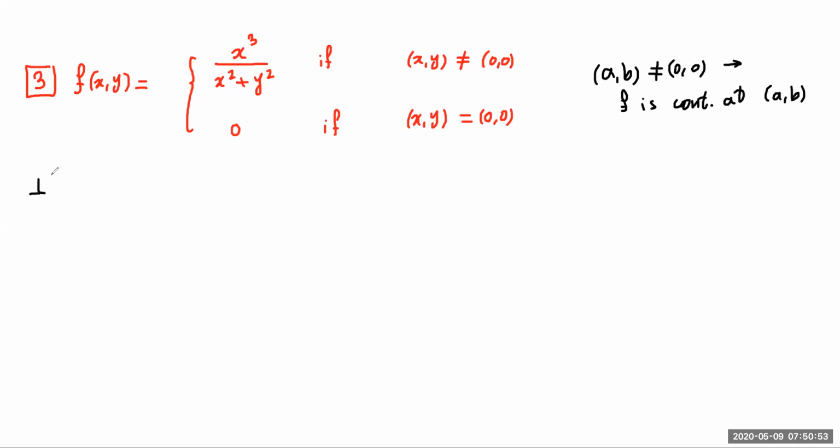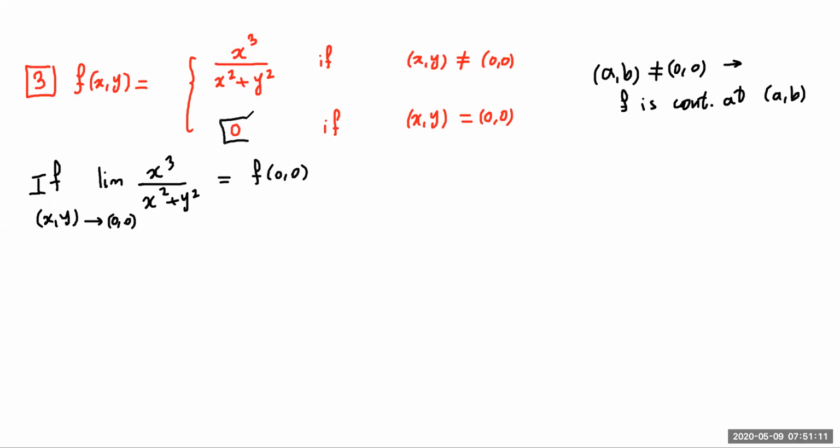Now, if the limit of x^3 over x^2 plus y^2 when (x, y) approaches (0, 0) equals f(0, 0), which is equal to 0, then f is continuous at (0, 0), and so f is continuous on its domain.